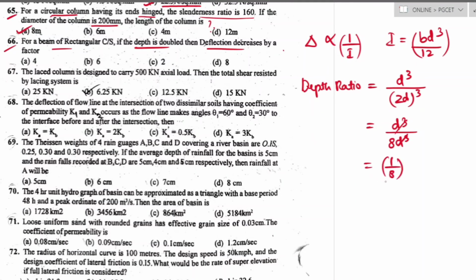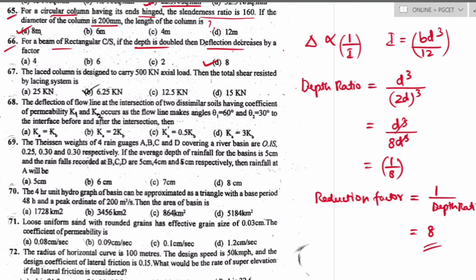Depth ratio will be 1 by 8. So the reduction factor is equal to 1 divided by depth ratio. So reduction factor is 8. Option B is the right answer.